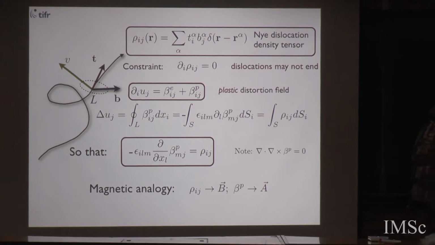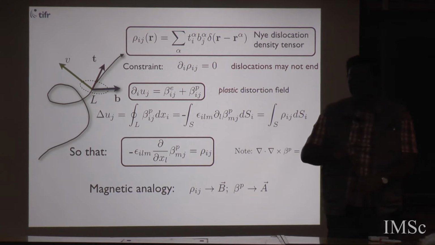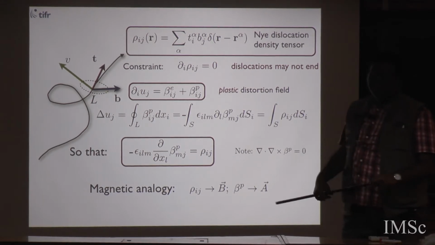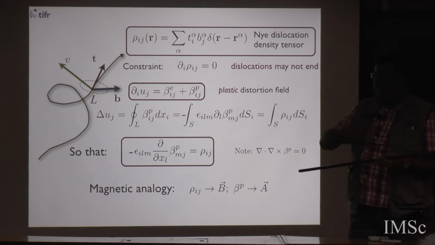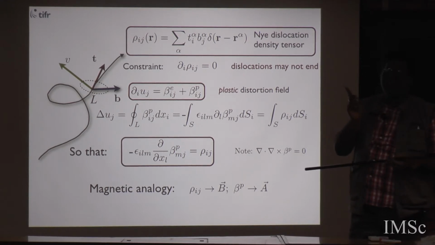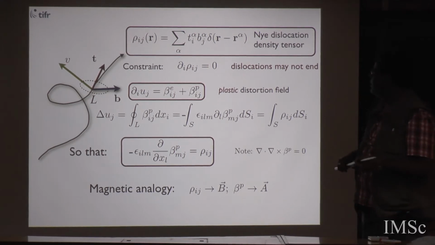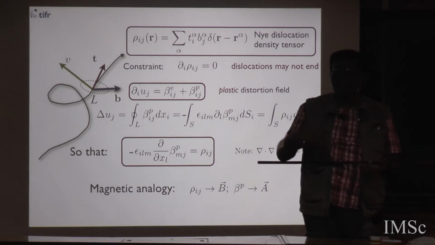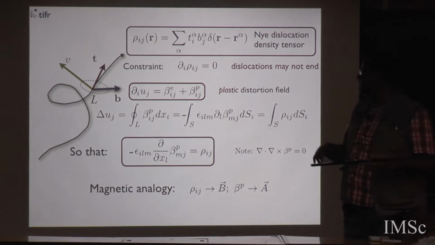I told you that a dislocation itself is defined by two vectors. One is the tangent vector, which is a geometric thing, tells you how the dislocation segment is oriented, and the other is a Burgers vector, which tells you how it affects the surroundings.